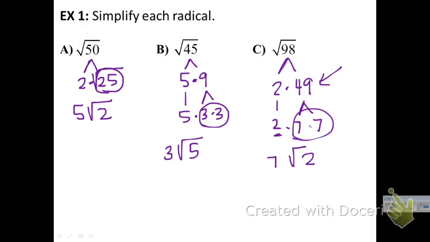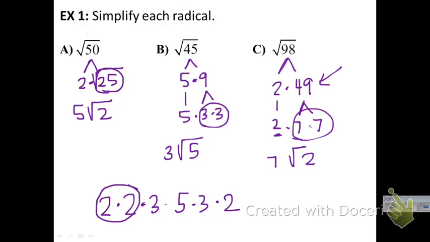Now, I had three cases here where I didn't have multiples of anything, so I want to show you something really quick. If you were able to get the prime factorization and it came down to 2 times 2 times 3 times 3 times 5 times 2, then if you have multiple numbers in there, we want to look at them. First of all, you can see we have two 2s, so it takes 2 to bring 1 out if this were all under a radical.